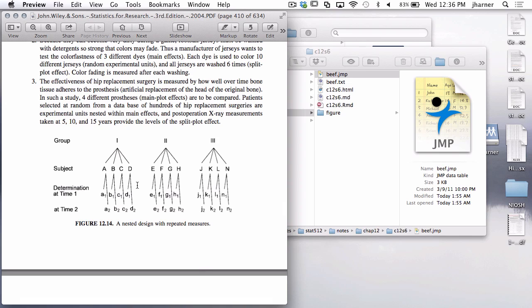So why could that be important? Well, we could have covariates at either the top level or the bottom level or both. In other words, on the subjects, I could measure covariates, but I could also measure covariates at the subplot level.